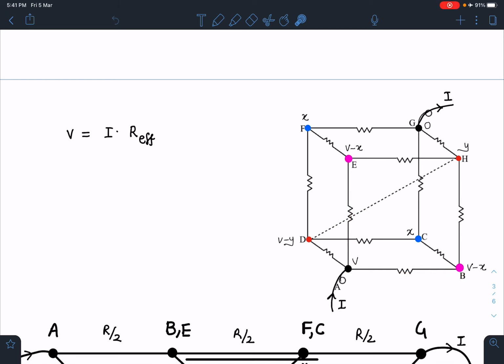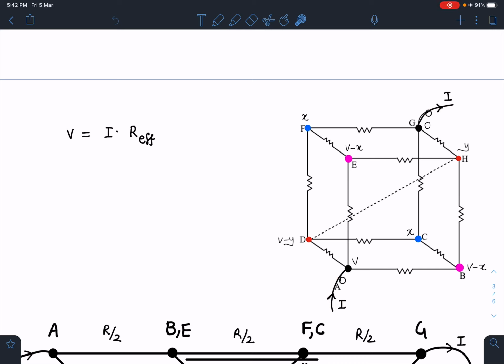I'm assuming the potential of this point is X and here also it is X, so between G and C, a potential difference of X is coming. By using diagonal symmetry, I can say the same potential difference must be created here also, across these two branches, because whatever current is coming here, the same current is leaving, and we have that similarity here.